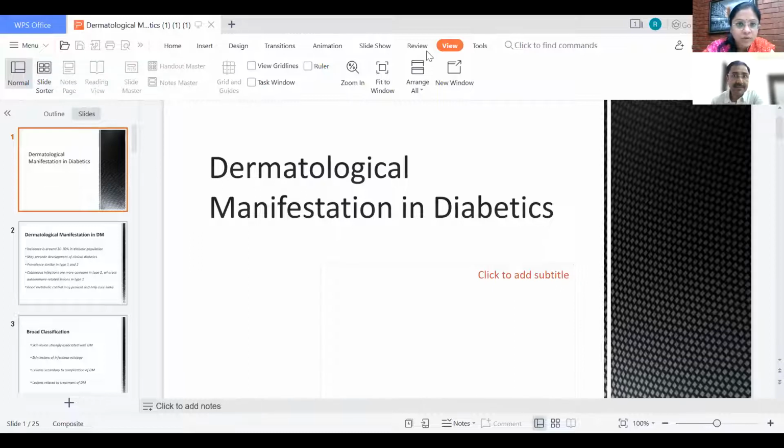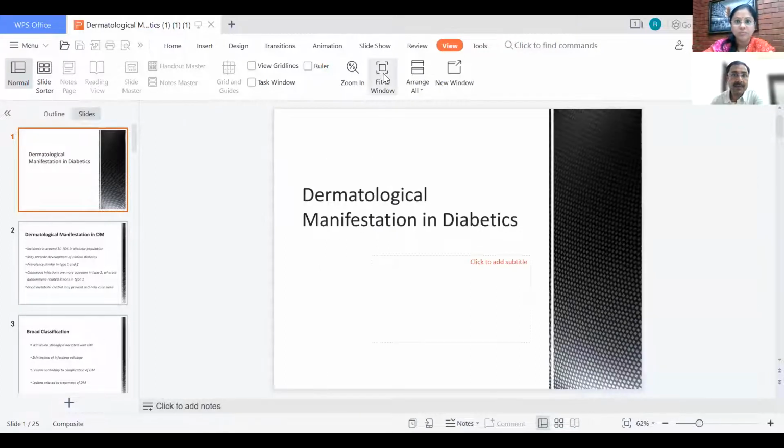Fit to window. There is some other setting on your laptop. Just unshare it and then reshare, sir.